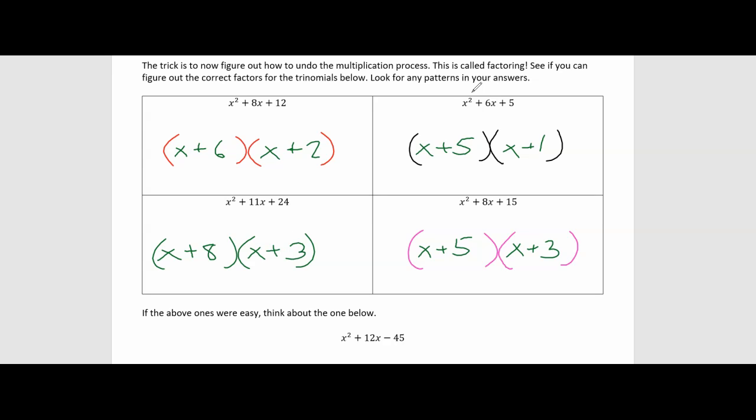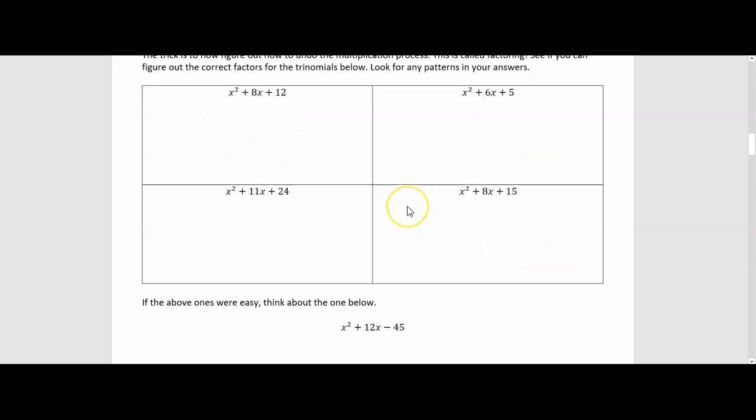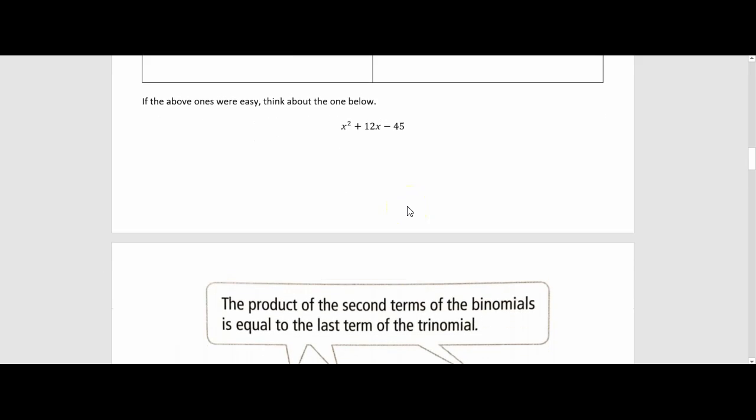So maybe you got some of these right. Maybe you didn't get any of them right. The point is, some of these may be easy to figure out. Some of them may be more difficult. Of course, to check and see if you're right, you could always just do your distributing, right? And see if you end up with what we started with. Let's keep going though. Again, we're going to come up with a formal process that you can use every time to arrive at the correct answer.